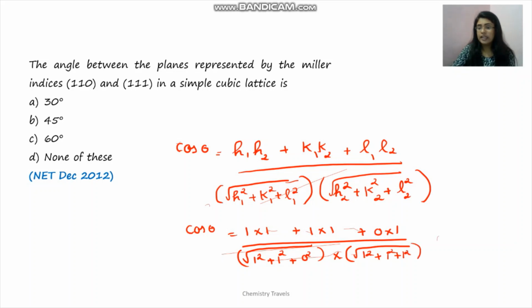This is what I get. This comes out to be 2 by root 2 into root 3, that is equal to root of 2 by 3.